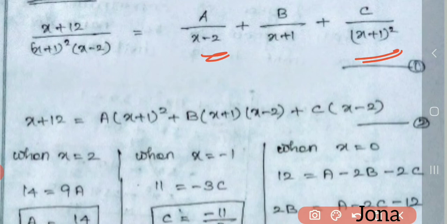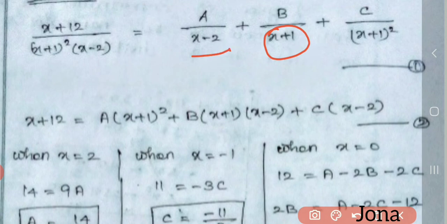So in this LCM I can take only this A into x plus 1 the whole square plus B into, already I had one part here, so I need one more part.